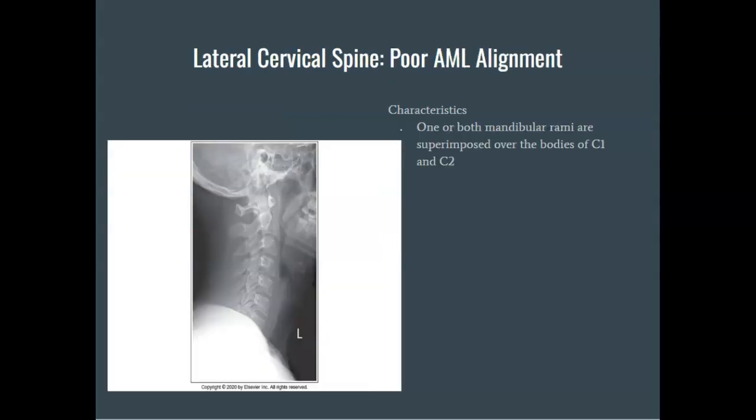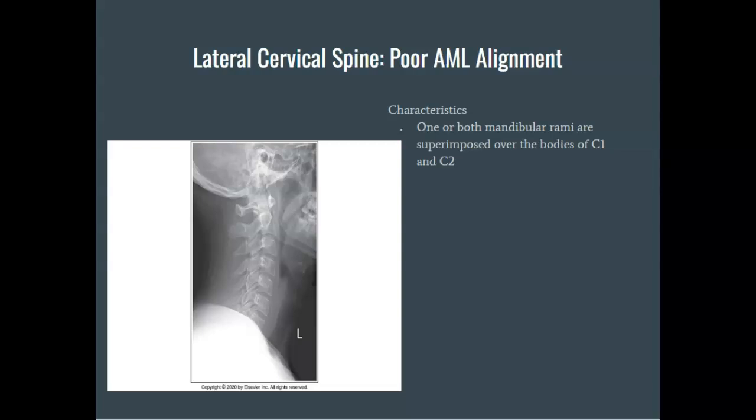If you recall, image analysis guidelines require us to position the patient so that the mandibular rami are not superimposing the cervical bodies of C1 and C2. If the chin is not adequately elevated to the position where the acanthomeatal line is parallel with the floor, one or both of those mandibular rami will superimpose over C1 and C2.